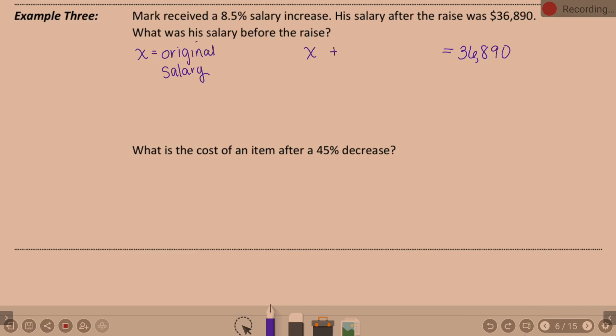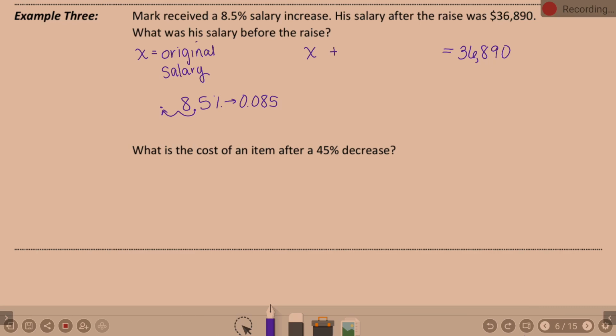You multiply the original salary, X, by the raise rate. What is our raise? 8.5%. What do we know about 8.5%? It's equivalent to 0.085.